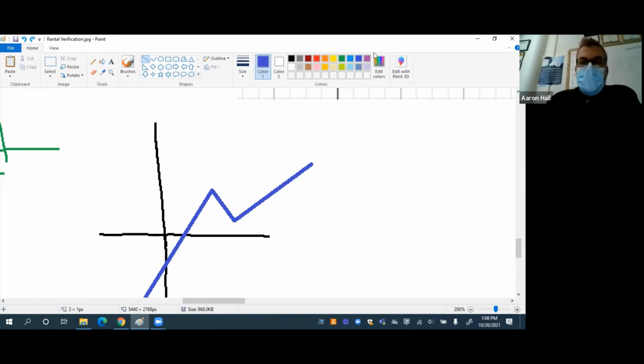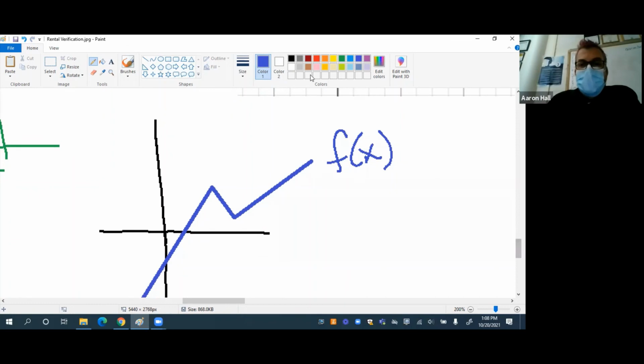We'll call this my f of x. So where do we start? Zero. Yeah, we'll find out where our slopes are 0. Where do we have slopes that are 0?